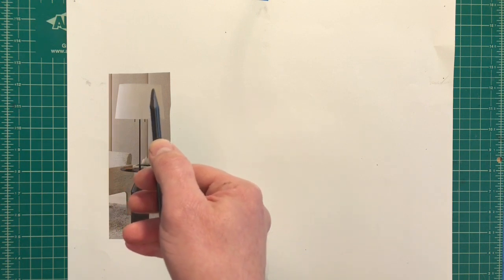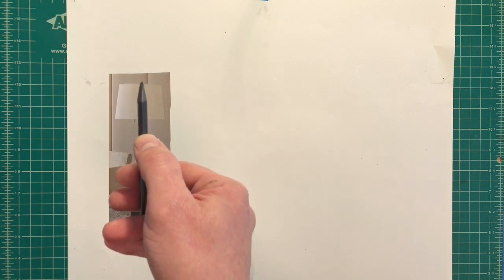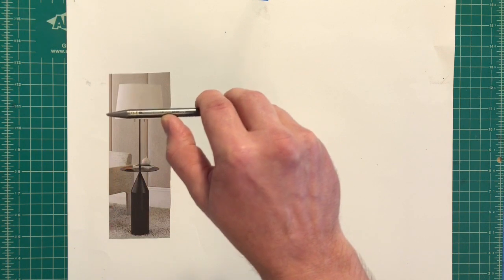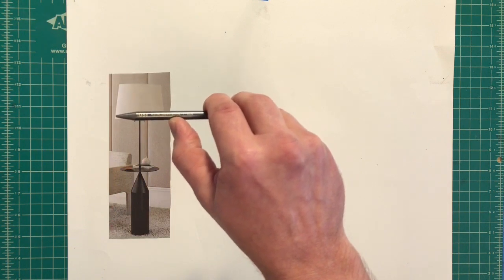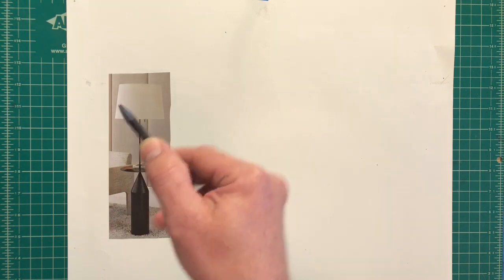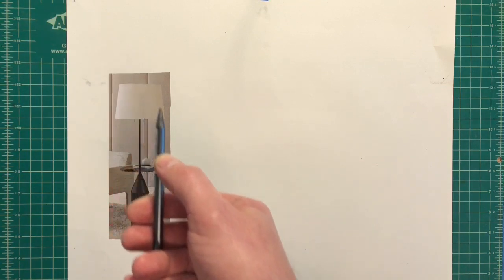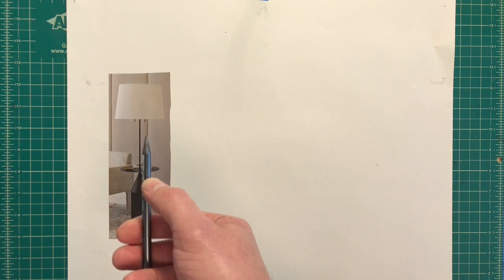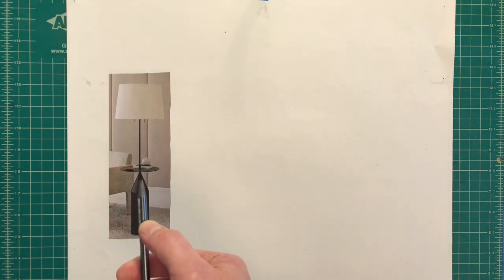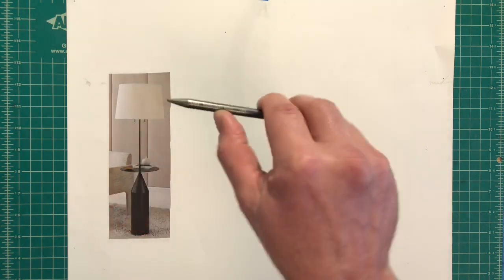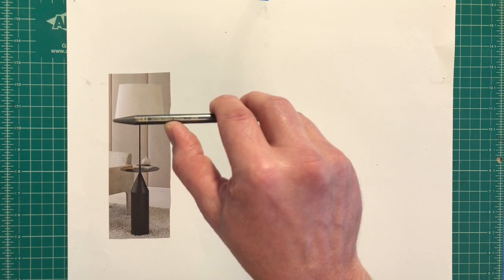And from what you know about proportion, it's a ratio. So if we know that that is the width of the lampshade, then we can measure 1, 2, 3, and note that that lamp is about 3 times as tall as it is wide at its widest point.